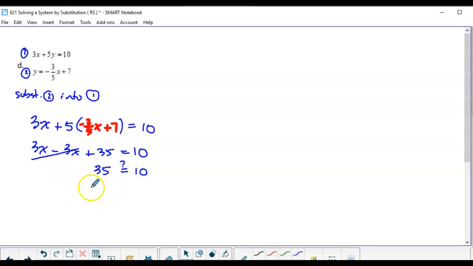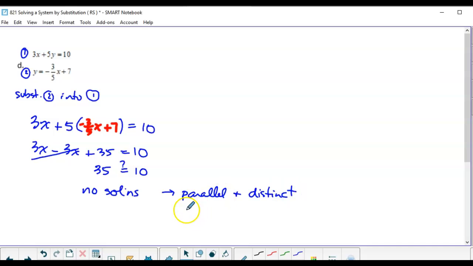Well, that can never happen, right? 35 is very different from 10. So this one has no solutions. So when you think about what it would look like, we talked about this when we were solving by graphing. If it has no solutions, it has to be parallel and distinct.